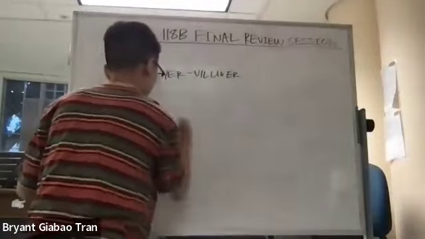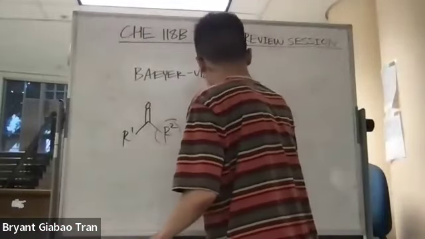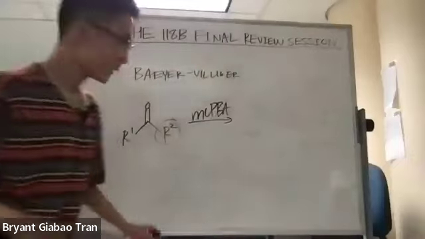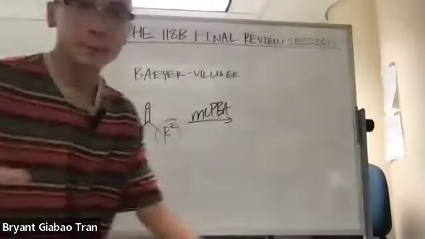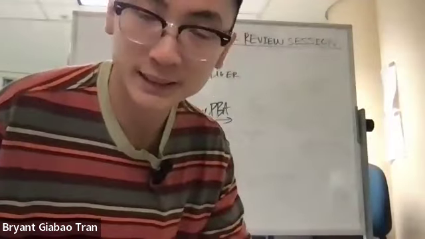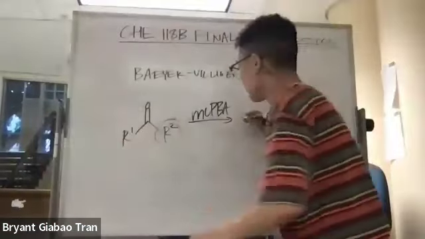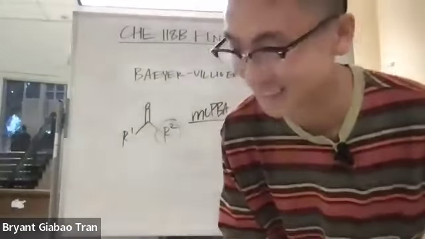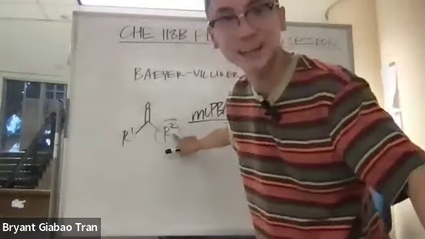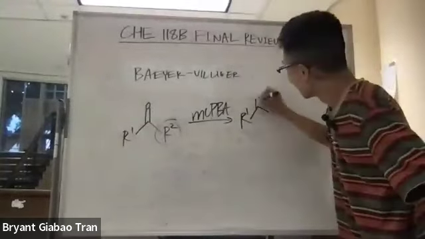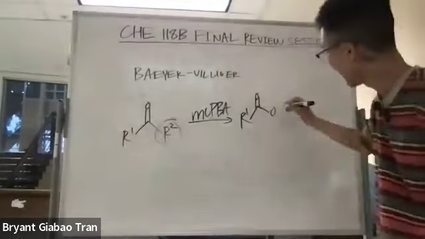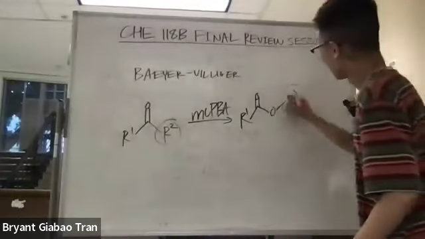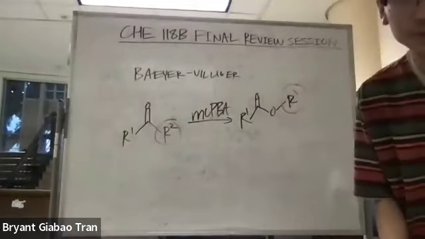And so I'm going to add MCPBA right here, where I'm going to predict the product first because that is easier to do than drawing out the mechanism. Since R2 is the higher priority group, we're going to insert an oxygen between that carbonyl carbon and the R group right here. So that's the product that we get right here.